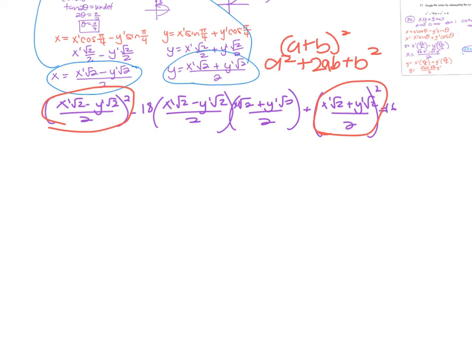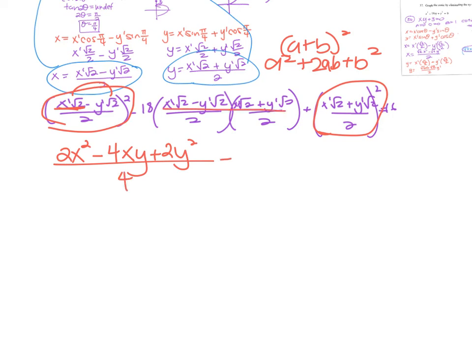So if I use a shortcut, I'm squaring this, which would be 2. I'm going to lose the primes and bring them back at the end, okay? Just don't forget to bring it back, that's all. And then multiply these two together, double it, so root 2 times root 2 is 2. 2 times that is 4xy. And then square the last one, which would be 2y squared. Again, I'm losing the primes now, but I'll put them back at the end. And then square the 2 on the bottom and I get 4.